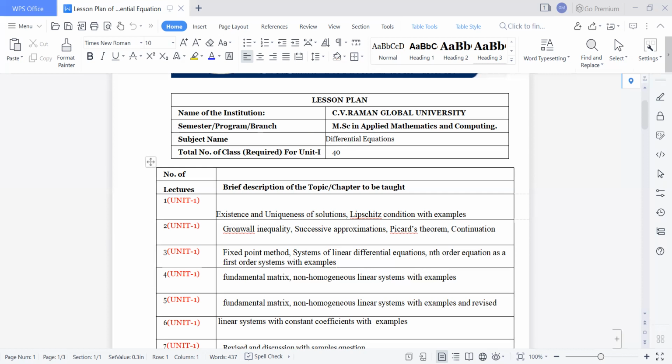Initial condition जो given है y of x0 is equal to y0, we can put this y0 and the starting solution becomes y0 plus integration of x0 to x f of x comma y0 dx. That is the starting solution.